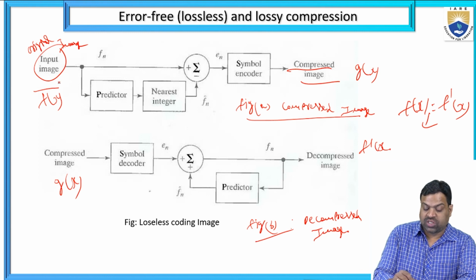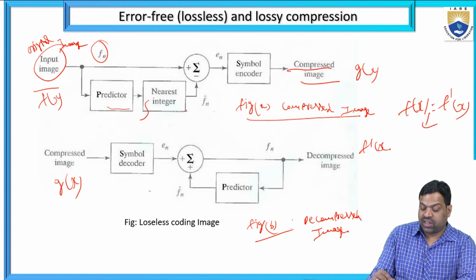What are the stages? From the original image input stage, we go to summation, plus and minus, predictor, and nearest integer. The predictor predicts the input data, the integer means we are adding the data, and f dash of n is the predicted value added to the image value. The symbol encoder converts to binary; it is nothing but a binary conversion.